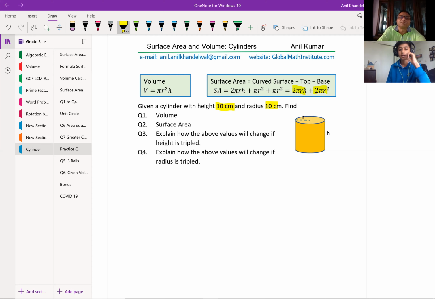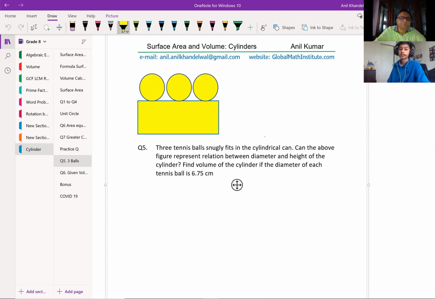I think it will be 3 times. Correct, because height is only h, right? Now, if the radius is tripled, then volume will be how many times? 9 times, because it's radius squared. Yes, that is absolutely correct. So that is important to understand. Let's take up the next question.